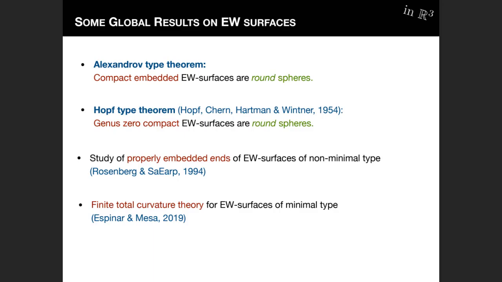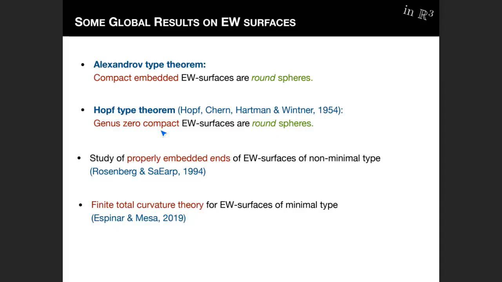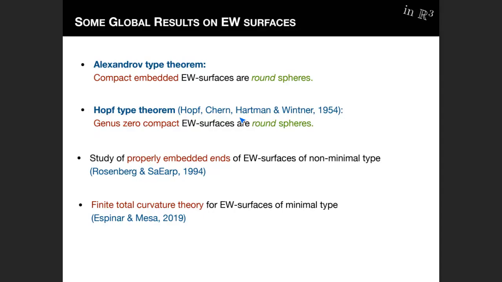We also have a Hopf type theorem that classifies all the genus zero compact surfaces. So if your surface is topologically a sphere, then it has to be a round sphere. And in this case, the proof is not so straightforward, and it was done by Hopf, Chern, and Hartman and Wintner with less regularity conditions for the function defined in the Weingarten relation.